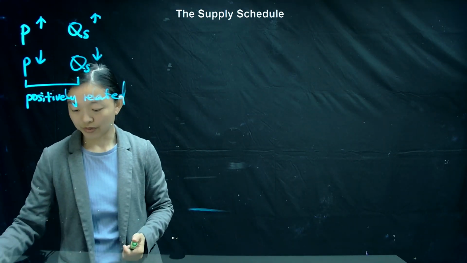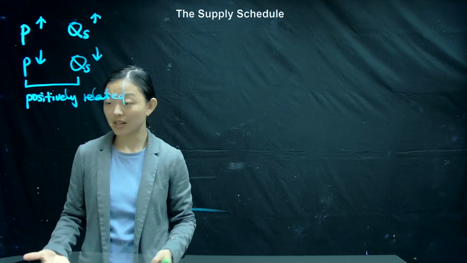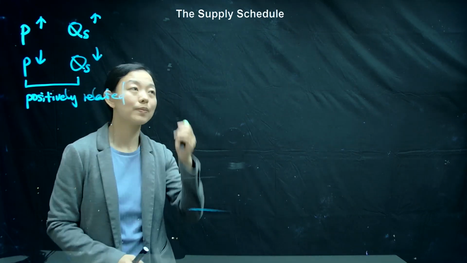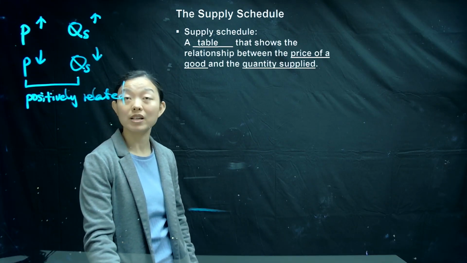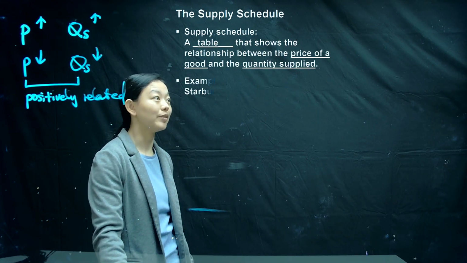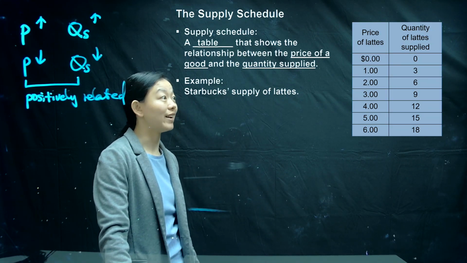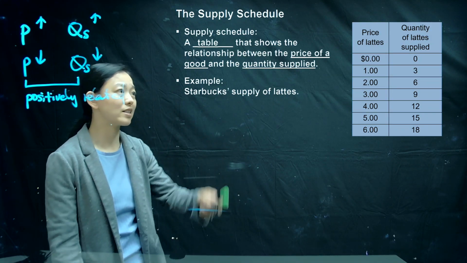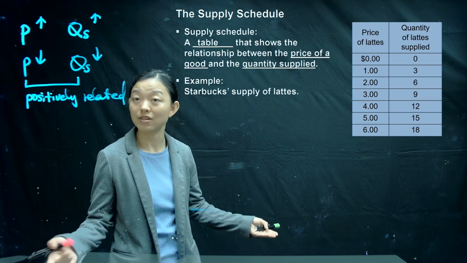The supply schedule is very similar to what we talked about on the demand side. It's just a table, okay, and it shows the relationship between the price of the good and quantity supplied. Here I give you an example of Starbucks' supply of latte. You can notice when the latte's price equals zero, Starbucks is not willing to offer any lattes.